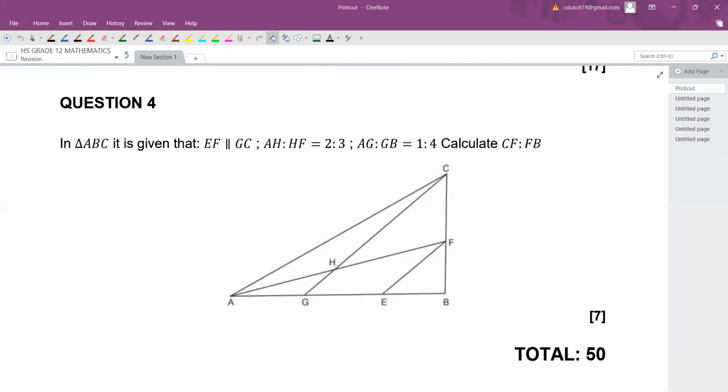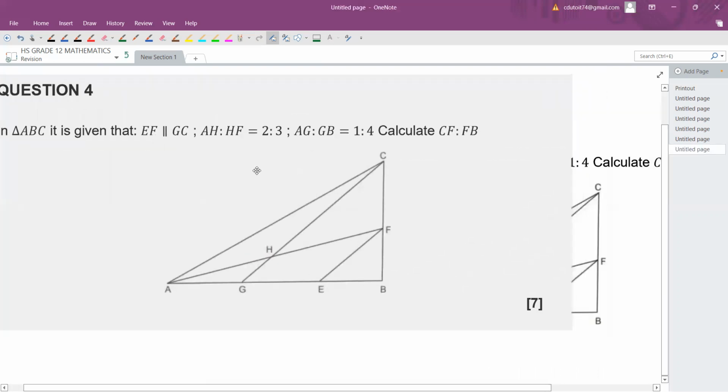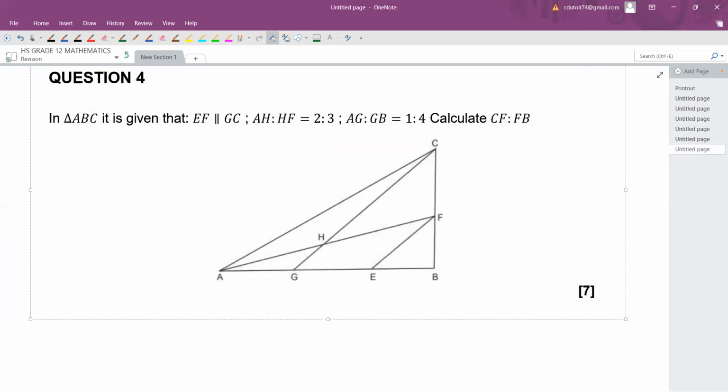Seven marks. Right. Quickly make a drawing there. Copy that. EF is parallel to AGC. That's the only parallel lines they're giving us. That one and that one's parallel.